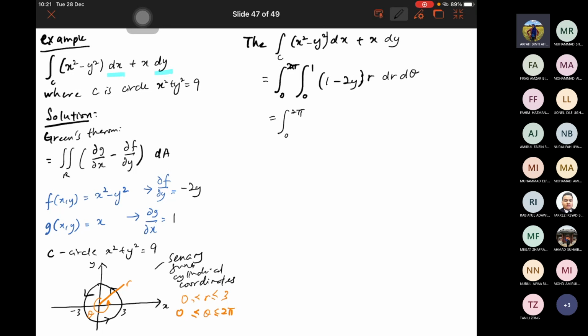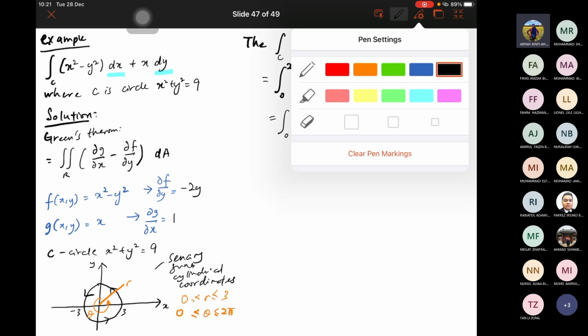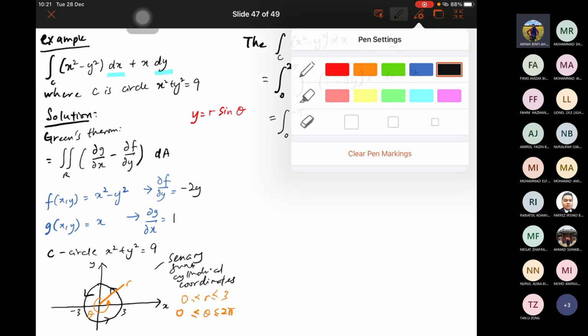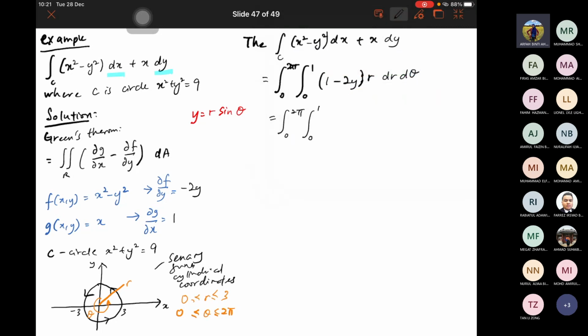Okay. 2 Y. So Y sama dengan R sin theta. Substitute in there. 1 tolak 2 R sin theta. R dr d theta. 0 to 2 pi. Limit yang R tu 0 until 3.